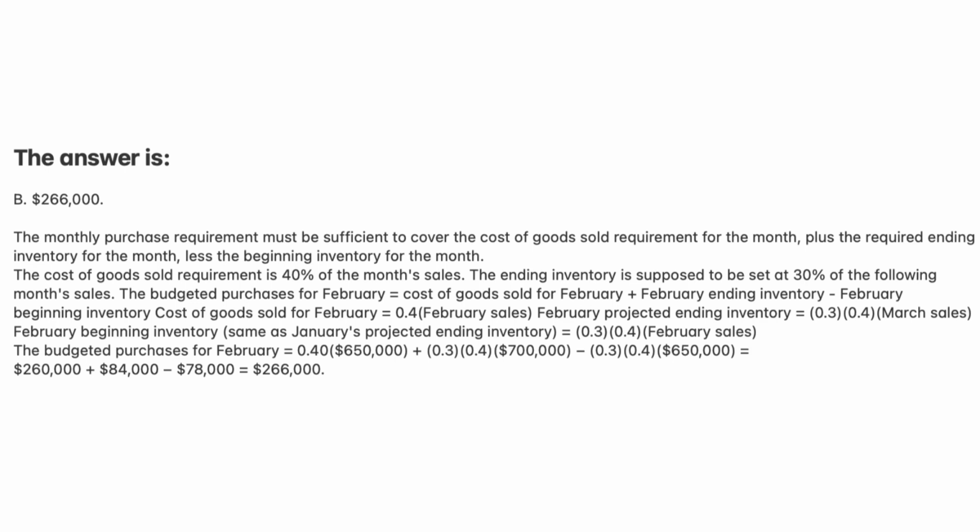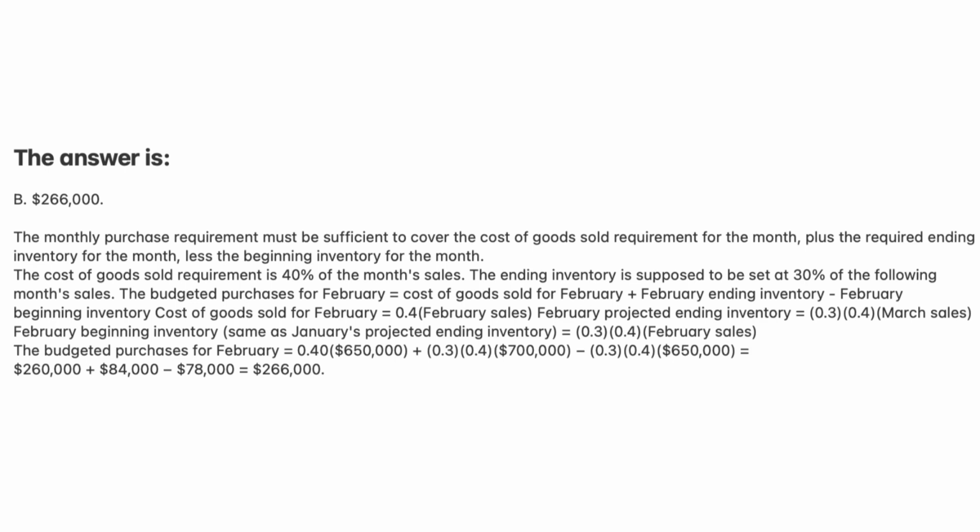February beginning inventory. Cost of goods sold for February equals 0.4 × February sales. February projected ending inventory equals 0.3 × 0.4 × March sales. February beginning inventory, same as January's projected ending inventory, equals 0.3 × 0.4 × February sales.